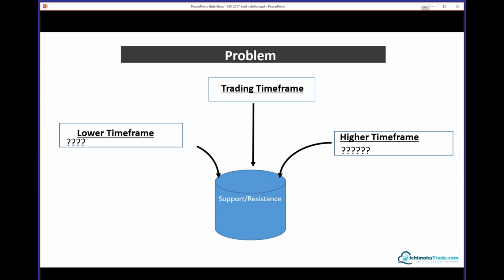However, it may not be the institutional support resistance, and that's a problem. A lot of times your trading system is accurate, but the higher time frames could override you, or even the lower time frames could get you stopped out, and then it goes in your direction. So in order to be consistently profitable with a good win-loss ratio and a consistent reward-risk ratio, you have to have the ability to look at more than 1 time frame.